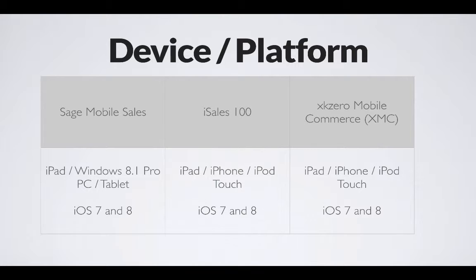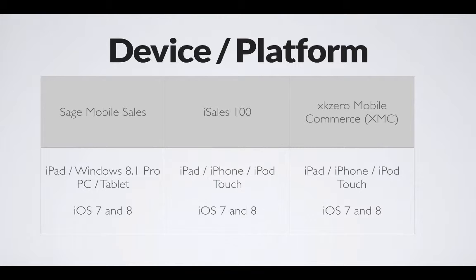So, devices and platforms. Sage Mobile Sales supports iPad, Windows 8.1 Pro, PC, and tablet, and it supports iOS 7 and iOS 8. Sage Mobile Sales does not currently support the iPhone. iSales 100 supports Apple devices only, iOS 7 and iOS 8: iPad, iPhone, iPod Touch.